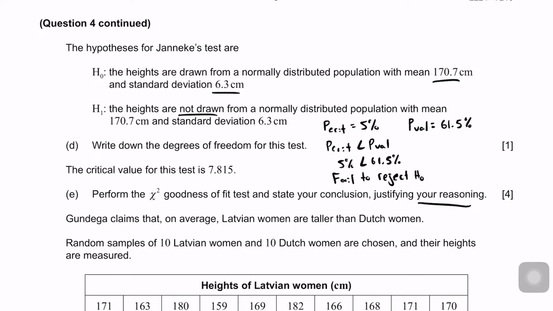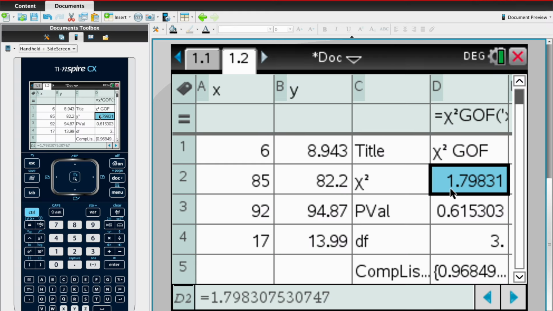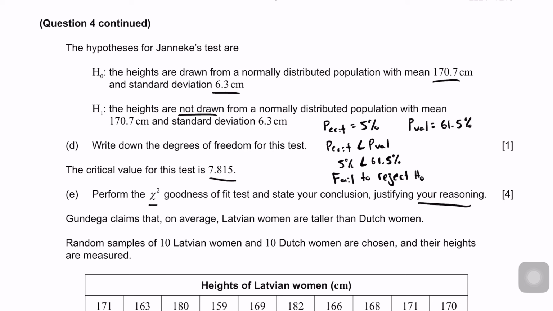The other way to do this, we can use the chi-squared critical value. And what was it? The chi-squared value is just on the screen again, 1.798. Chi-squared value is the measure of the difference between the observed and the expected. And in this case, there's actually a little difference, not a significant amount, only 1.798. And our cutoff point was 7.815.